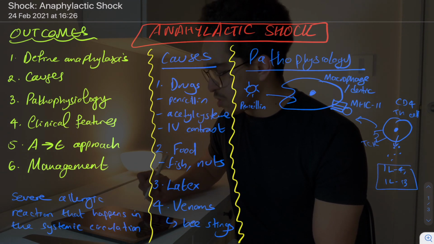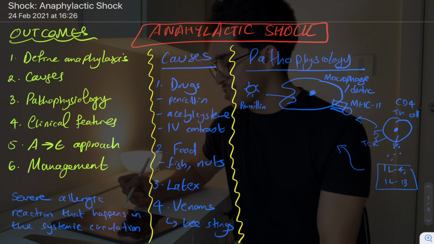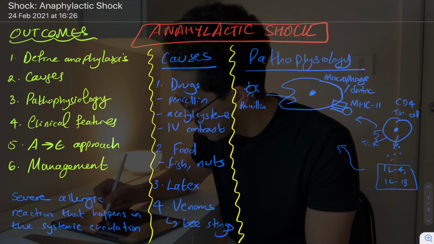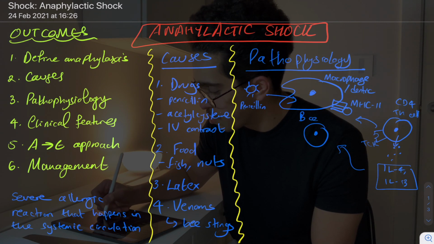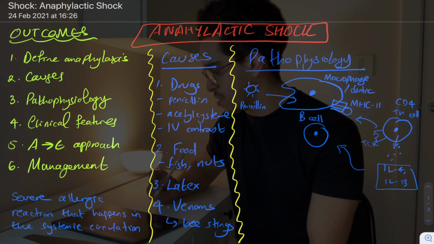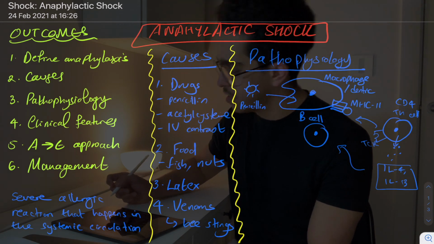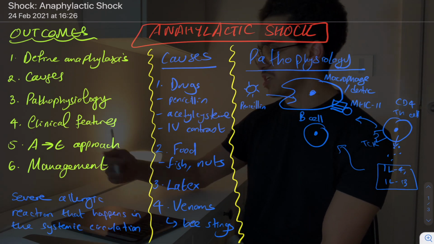What will these interleukins do? They're gonna go to another type of immune cell. What type of immune cell is this? This is gonna be a B cell. It's gonna go to the B cell, and it's gonna activate that B cell. When that B cell gets activated, it becomes a plasma cell.